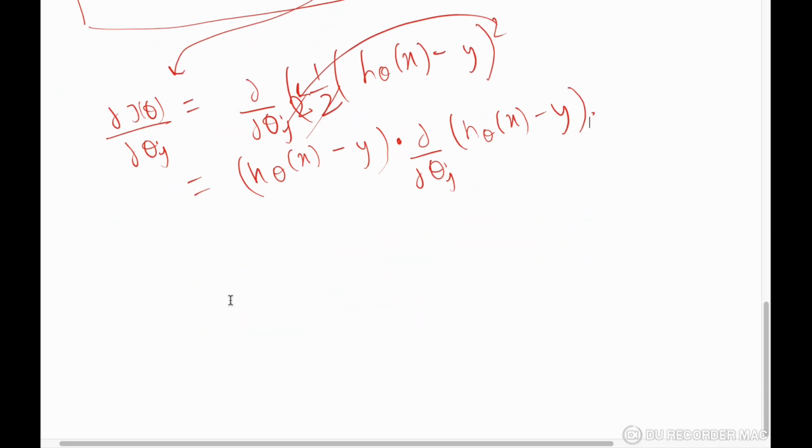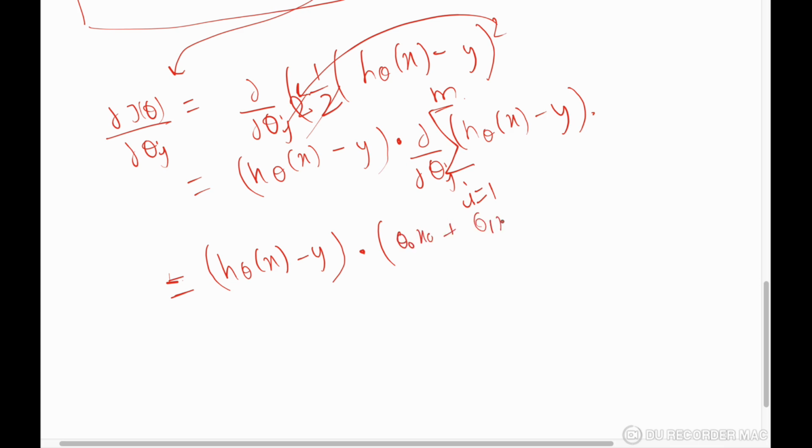Now we also know that we have to apply the gradient descent algorithm for all the training examples, so there will also be a summation here from i equals 1 till m. So this really becomes h theta of x minus y times the derivative of theta naught x naught plus theta 1 x1 plus theta 2 x2 till theta m xm.